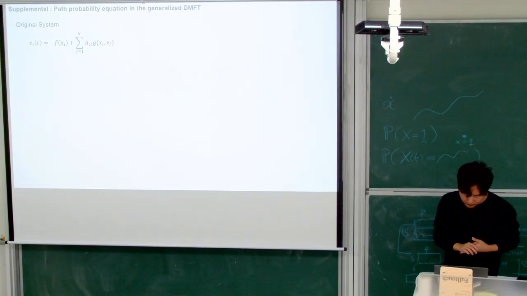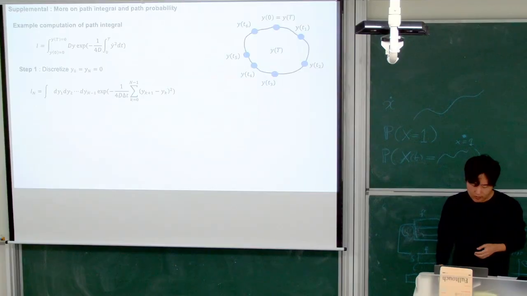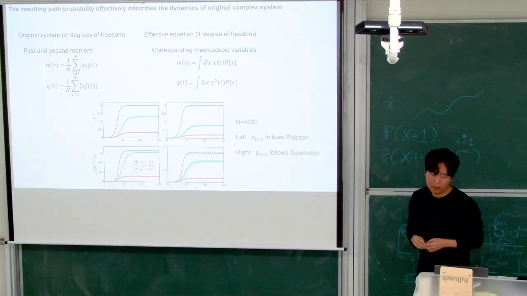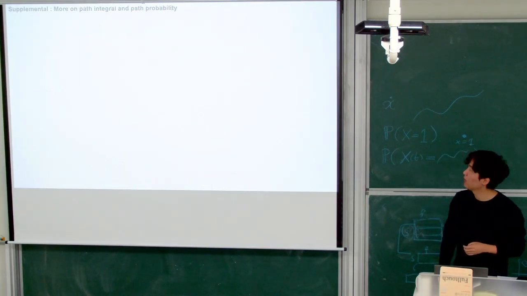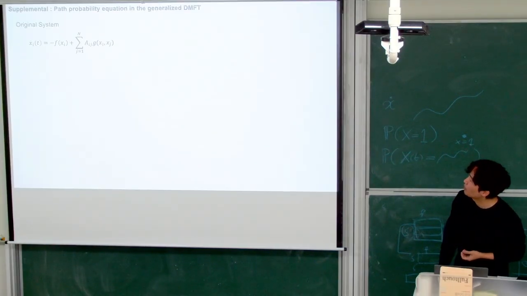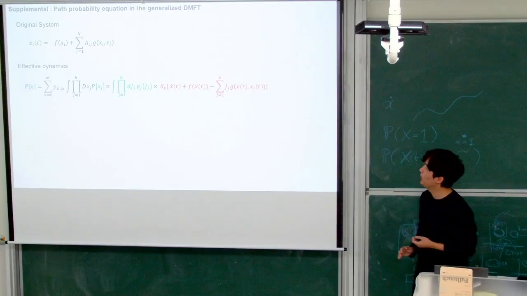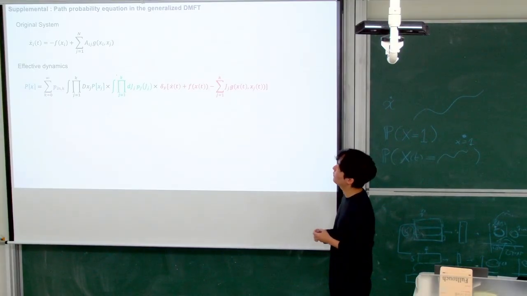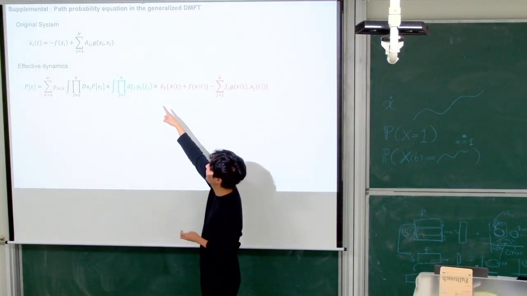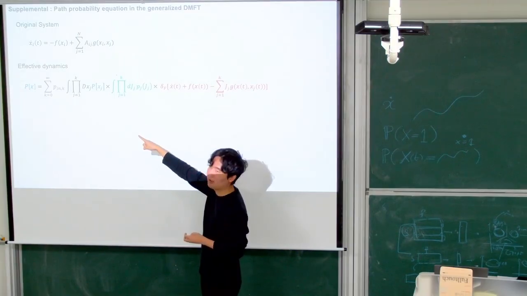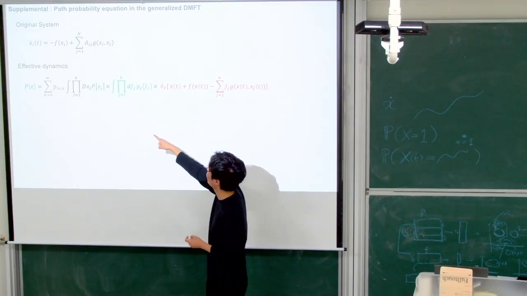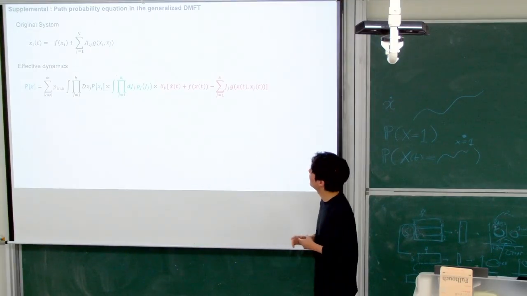Okay. So now, even though I gave you some results of the path probability, I didn't give you the exact formula, so I will just quickly mention the exact formula of the path probability that this paper presented. If you start with the original system like this, then the effective dynamics is this very complicated formula.